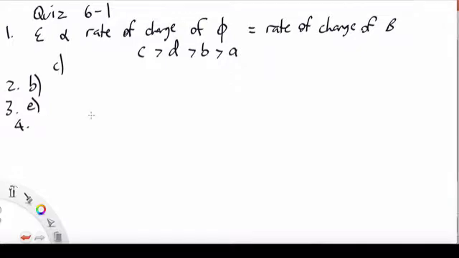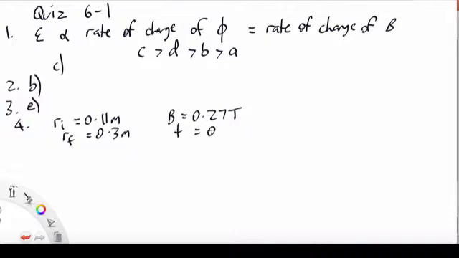So number 4, we have an initial radius of 0.11 meters, and then a final radius of 0.3 meters. We have magnetic field of 0.27 Tesla, and the time is 0.08 seconds, and we have an angle of 0, so cos of that 0 is 1.